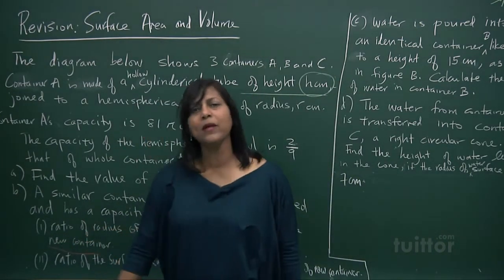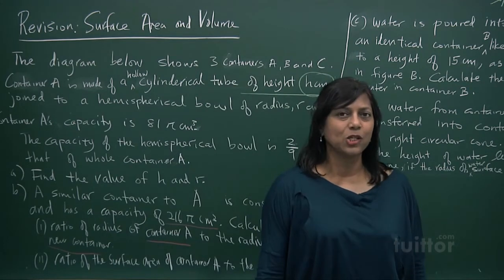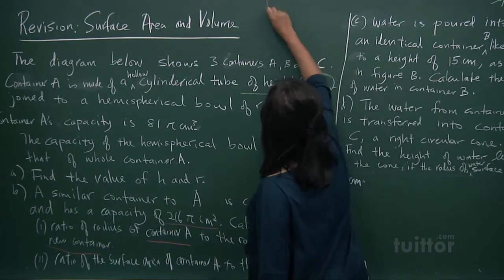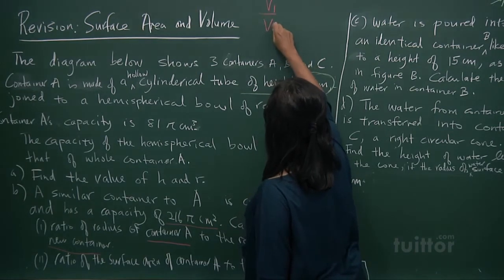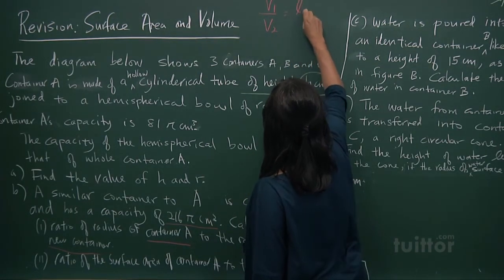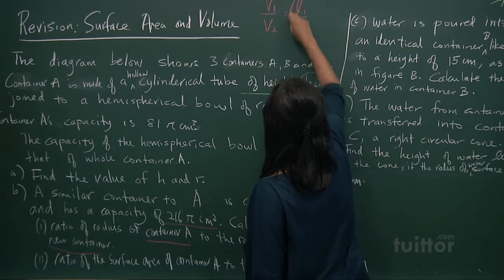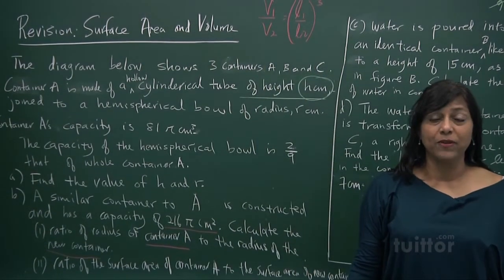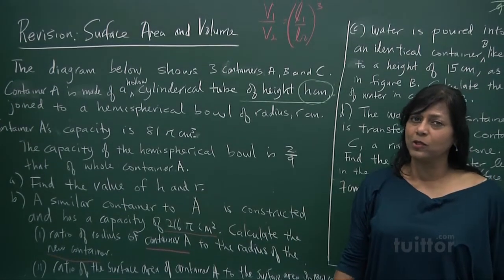Now when you say the word they're similar, the ratio of the volume, if you look at it, my dear friends, similar figures, V1 over V2 equals L1 over L2 cubed.